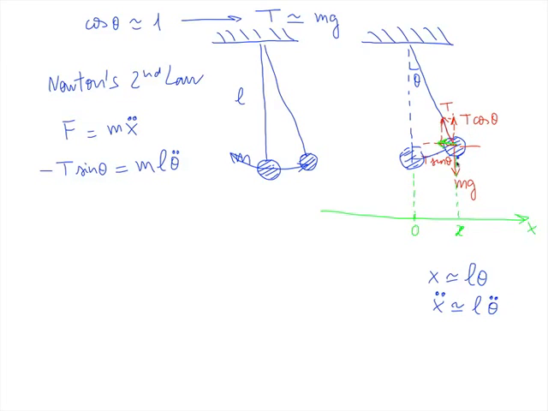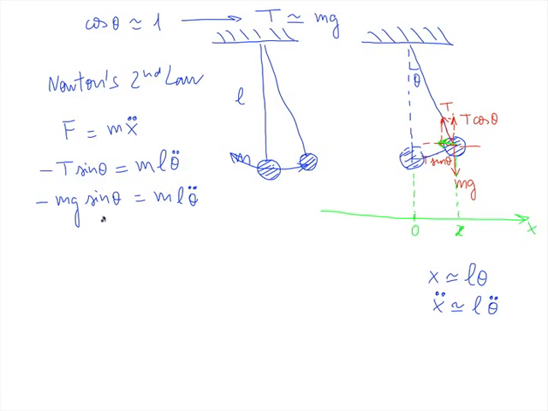Because vertically, if we neglect the vertical movement, then we can assume that there is an equality of forces vertically. So the vertical component of the tension is compensated by the weight. Both forces cancel, so we can write this approximation. Tension equals the weight. So we can substitute the tension value in this equation.